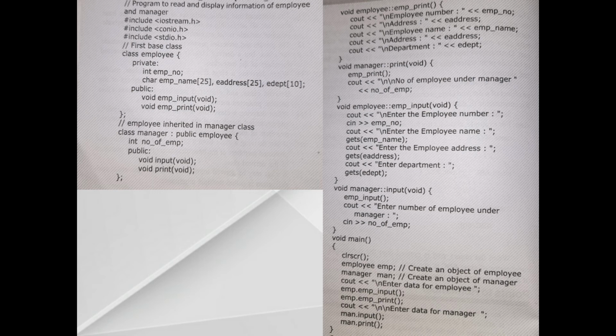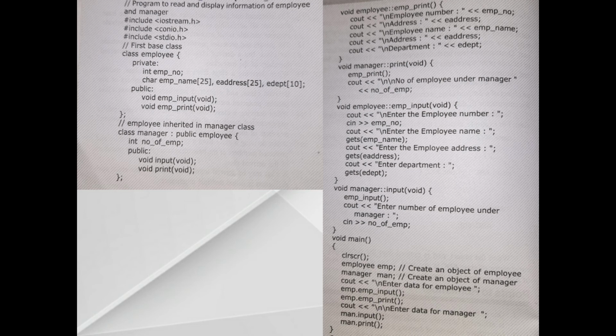It displays the employee number, employee name, employee address, and department. After that the compiler comes back to the next line in the main function, that is cout enter data for manager. Here the manager object invokes the function input.